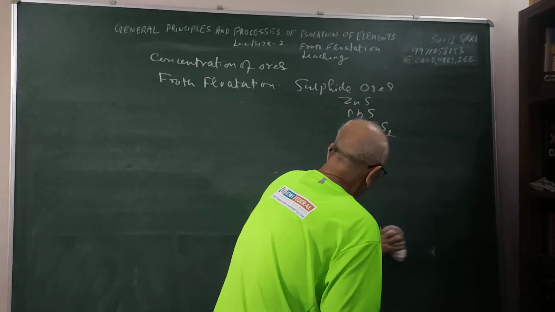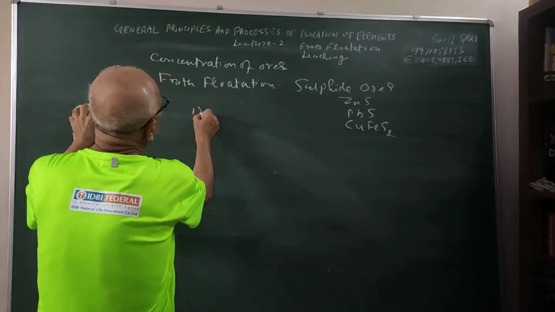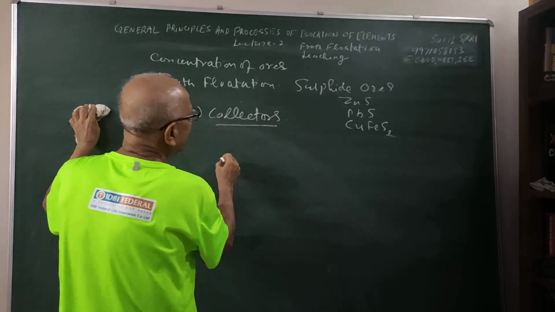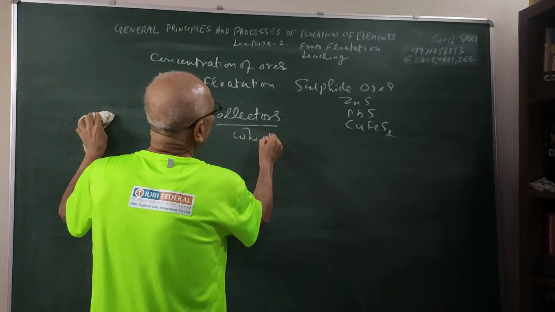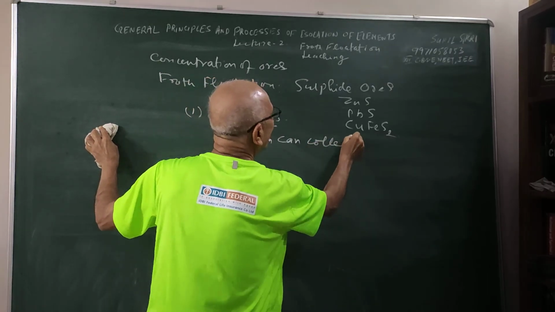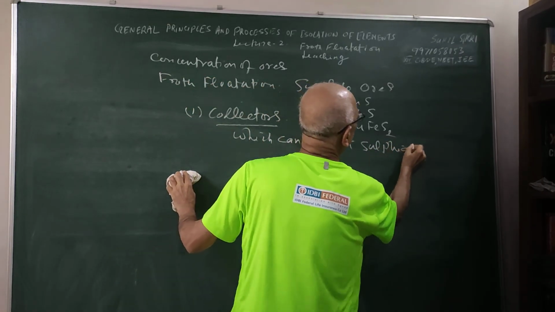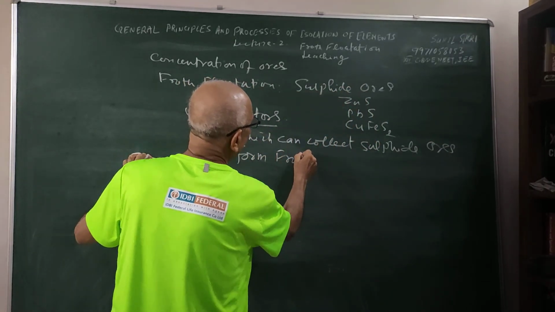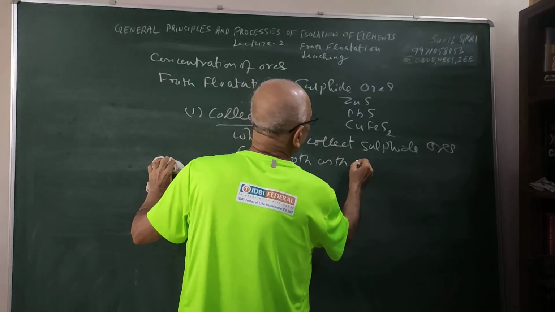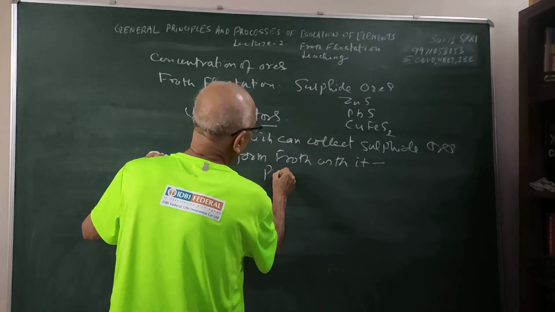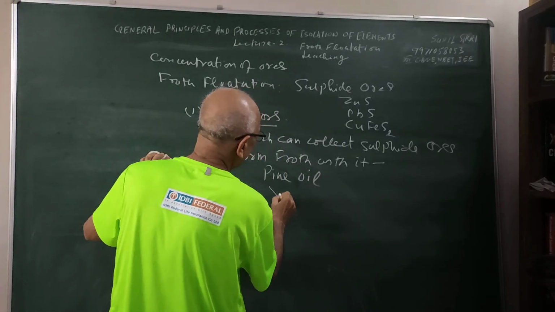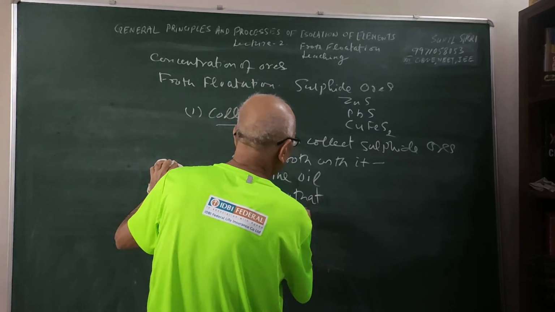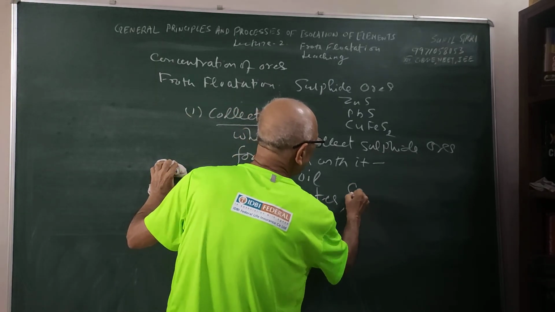Basically, the froth flotation process involves collectors. Collectors are those which can collect the sulfide ores and form froth with it. These are mainly, as I said, pine oil or xanthates or fatty acids.